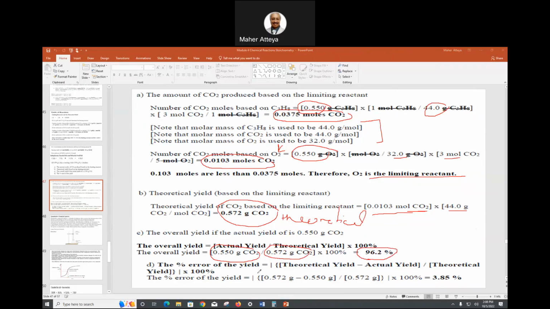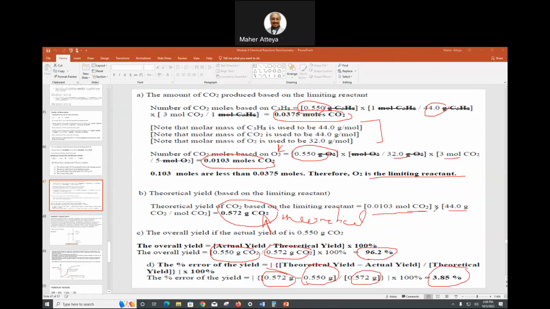Now the error is theoretical, which came out somewhere. The theoretical is this, here, minus the actual, divided by the theoretical, multiplied by 100, gives you this amount.